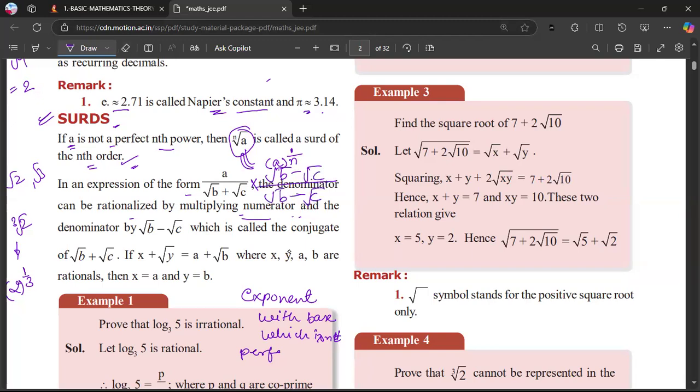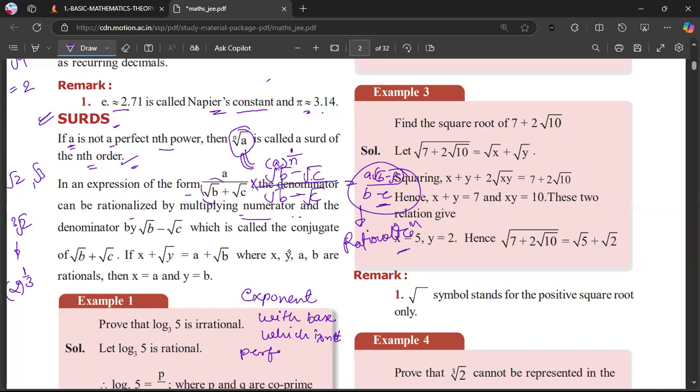So it's basically multiplying by 1, which will not have any effect. Now in the denominator, we have a plus b into a minus b, which can be written as a square minus b square, which is b minus c. So the denominator is more simplified. That particular process is known as rationalization.